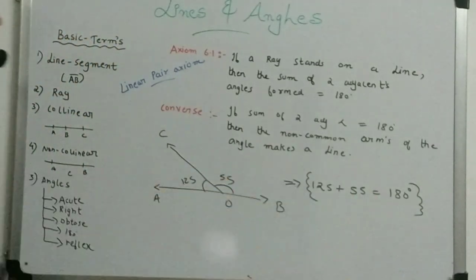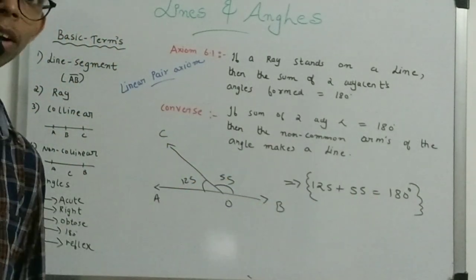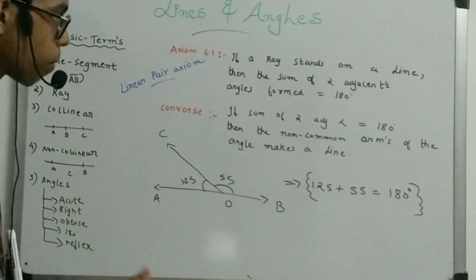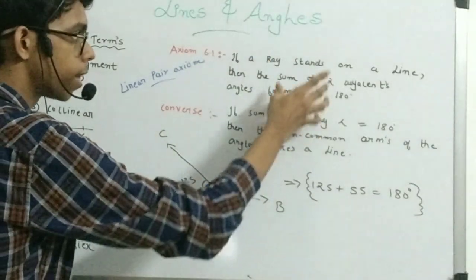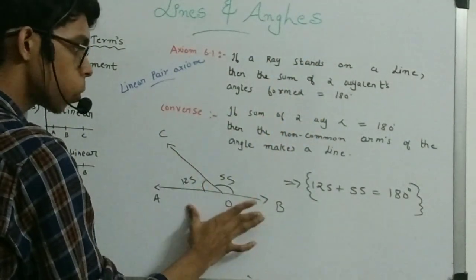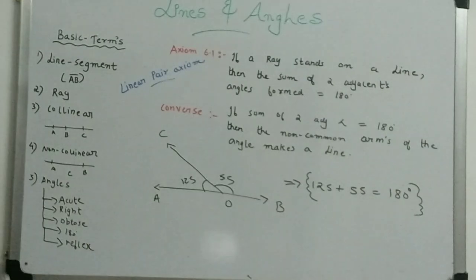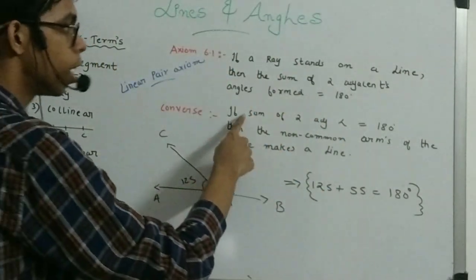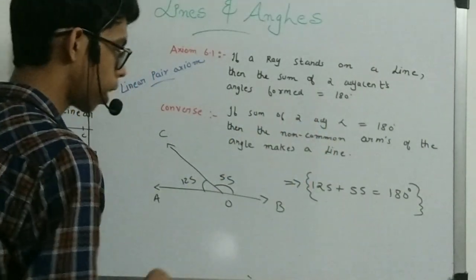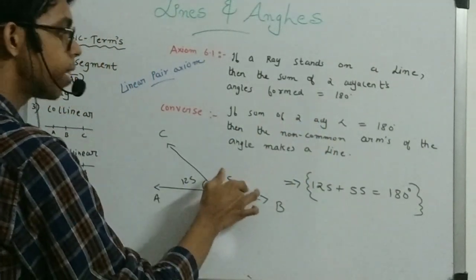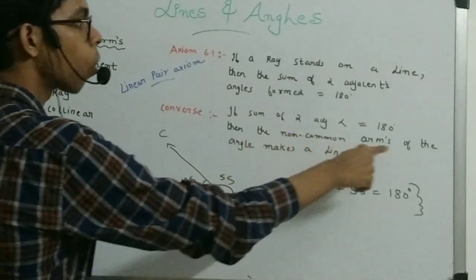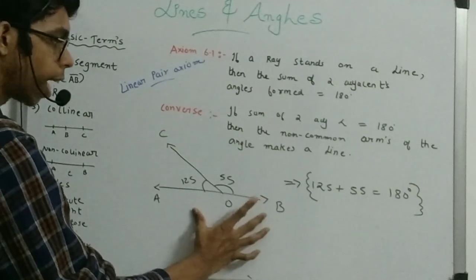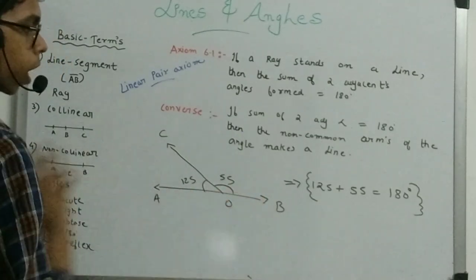Now here is the converse. Converse means the same statement reversed. Here we said that if the ray stands on this line, these two angles will add up to 180. Now the converse, that means the just opposite statement: if the sum of the two angles is 180, that means when we add this angle and this angle, then the non-common arm forms a line. That means this OC will be present on a line.